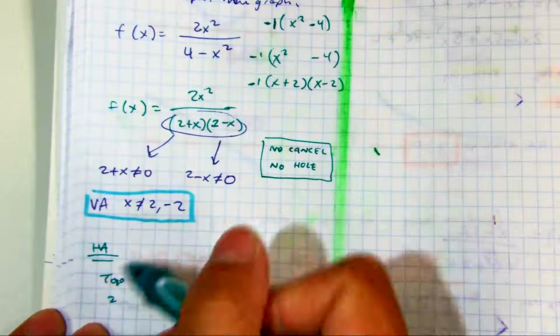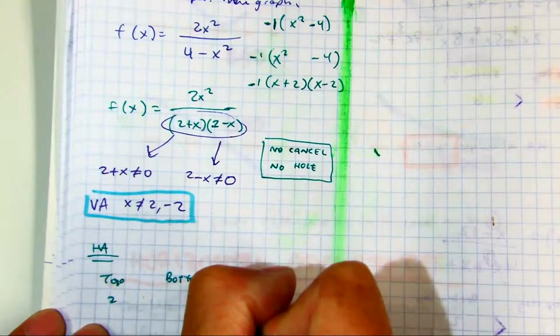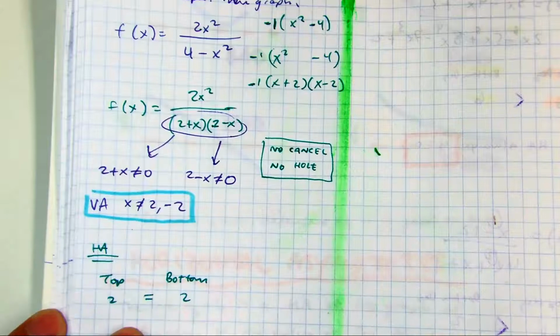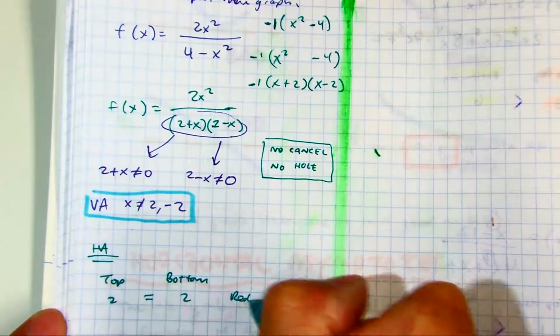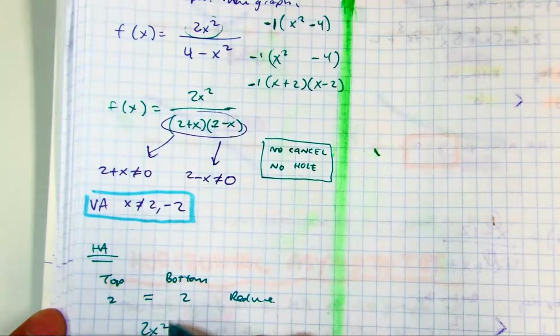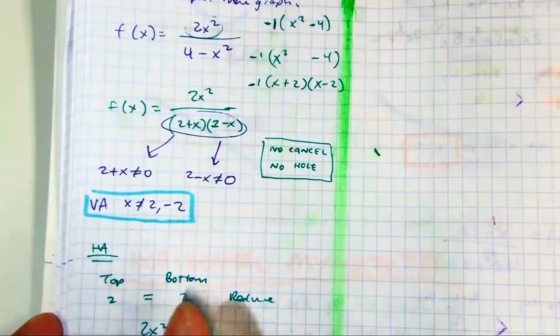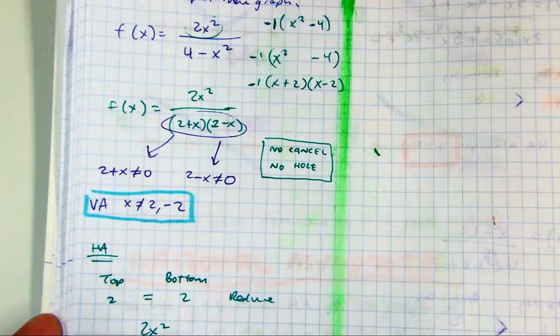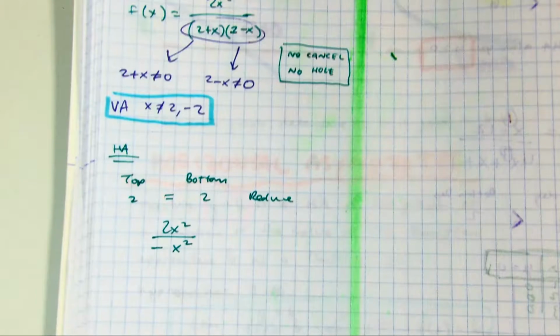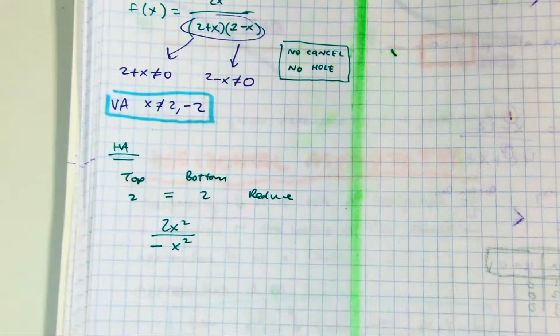And your bottom degree? And what inequality did you write? They're equal, so you're saying to reduce. So if I write 2x squared over negative x squared, how do you reduce this, Wilson? If I told you to simplify. Yeah.